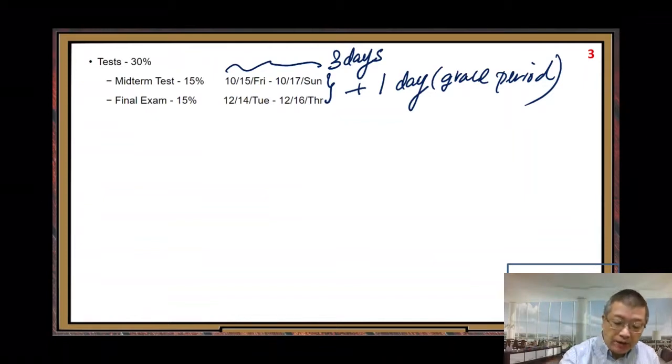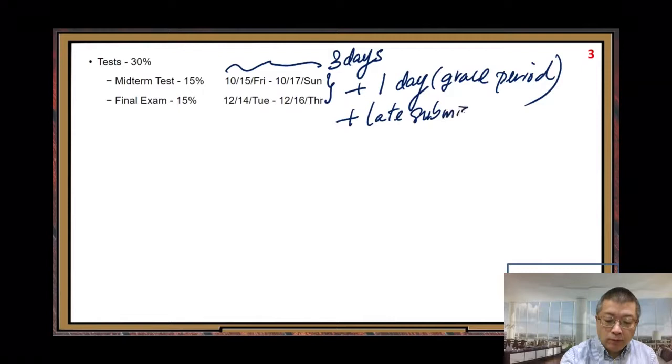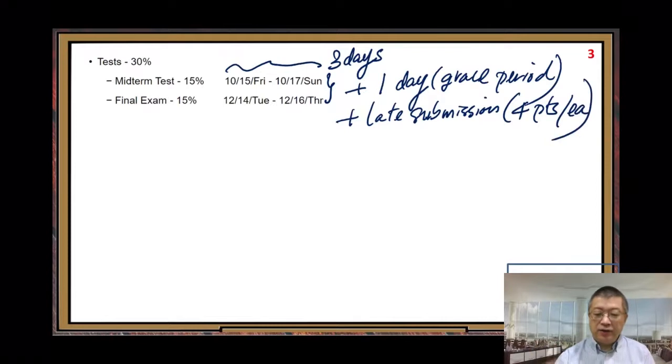But after that, late submission is also 4 points each late day. I do not write details, so you know the meaning: each day you need to pay 4 points as the penalty. But do not delay too many days. In that case, I may not accept it.